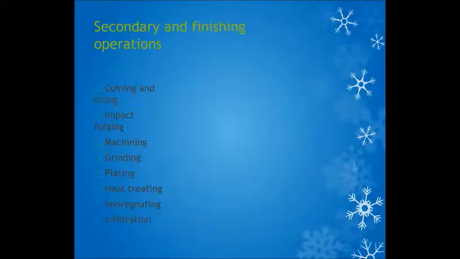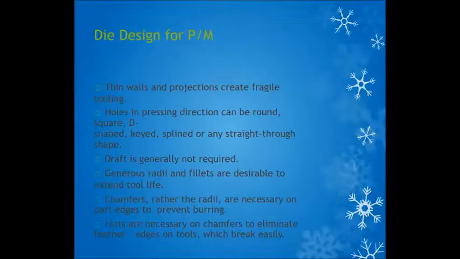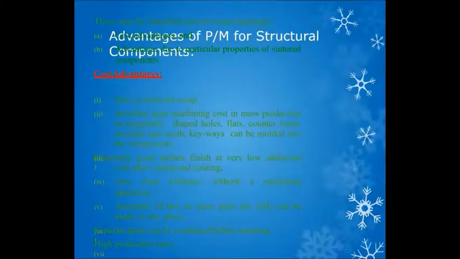Sintering is one of the important secondary and finishing operations, along with coining and sizing, impact forging, machining, grinding, plating, heat treatment, impregnation and infiltration. Die design for powder metallurgy: thin walls and projections create fragile tooling, as do holes in pressing.